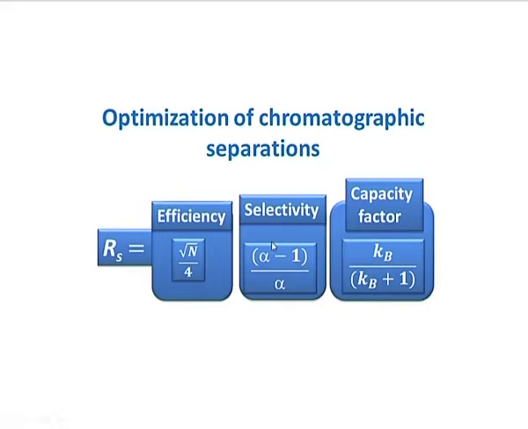This term, alpha minus 1 upon alpha, talks about the selectivity of a particular chromatogram towards the pair of solutes you are interested in resolving. And the third term talks about capacity factor, this Kb upon Kb plus 1. It talks about the retention of the peak in question on the stationary phase.